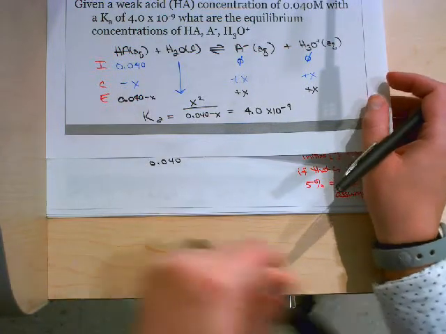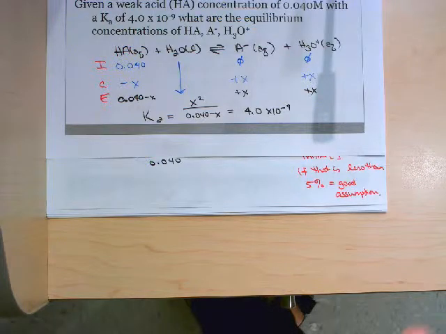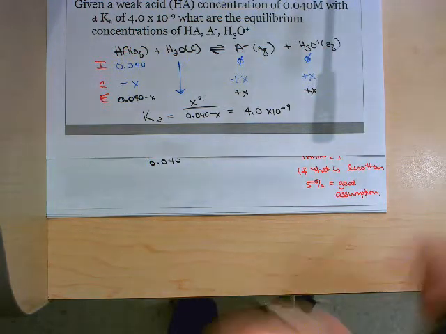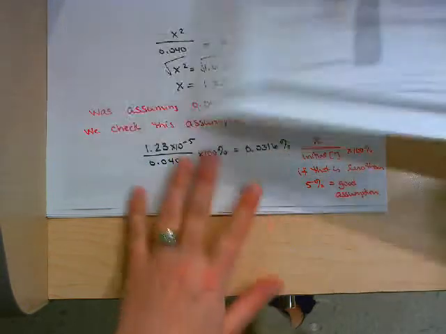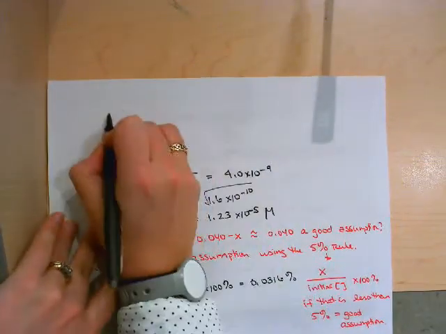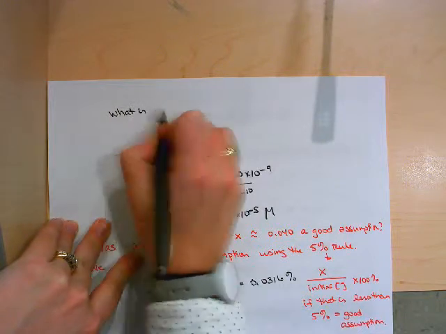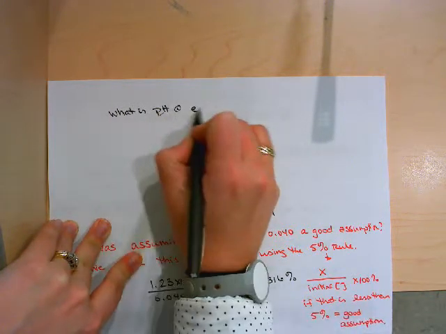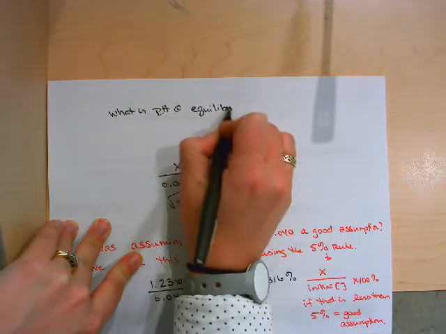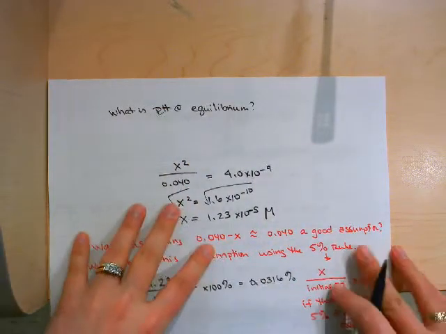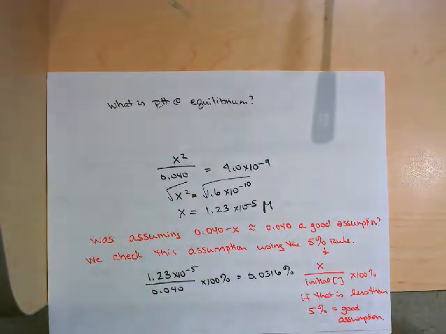What if I wanted to know the pH? Final question, what's the pH of this new solution? How would I figure that out? If the follow-up question is, what is the pH at equilibrium?